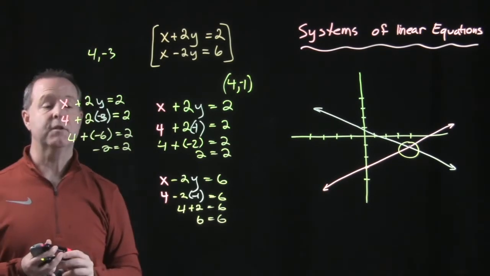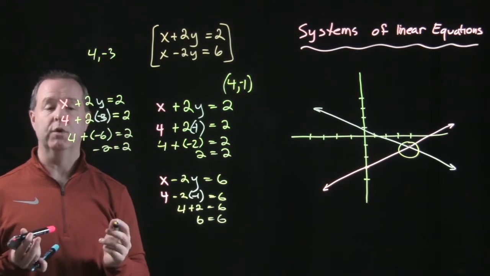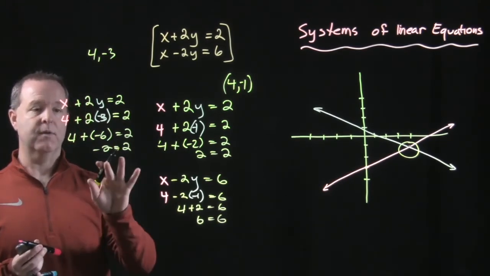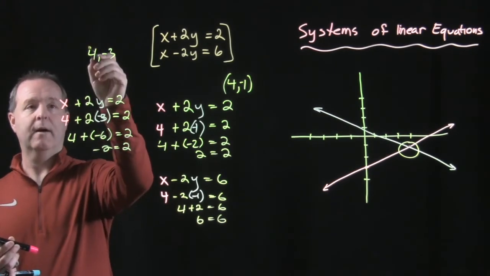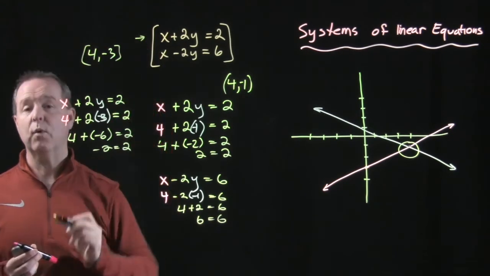Putting that point into that first equation, I see that I get a value that makes it not true. Negative 2 equals 2, that's not a true statement. So therefore, I know that this ordered pair is not a solution to this first equation right there.